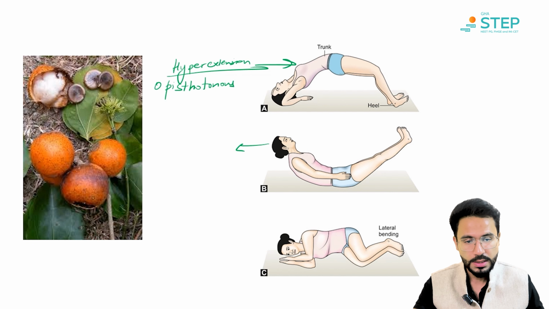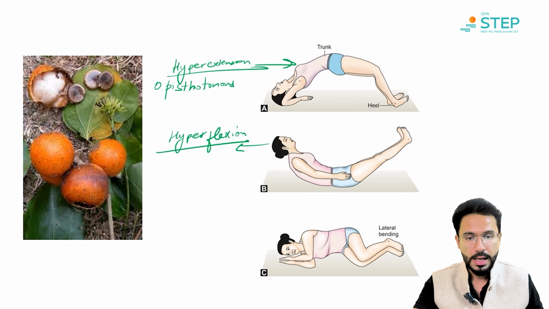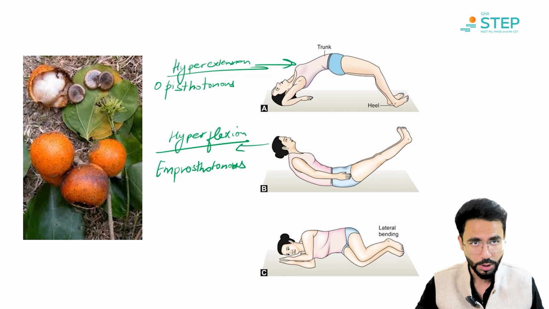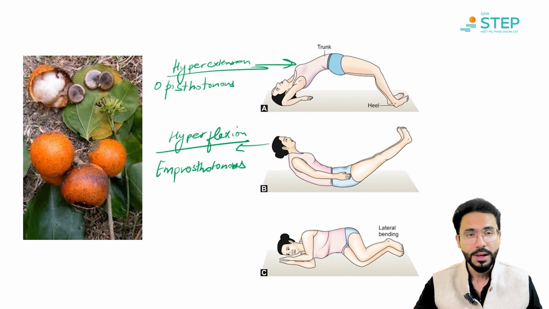Now what is this? This is hyperflexion of the body, and this position is known as emprosthotonus. So you can get a question like this directly: poison showing emprosthotonus, poison showing opisthotonus. So the correct answer is strychnine or nux vomica.